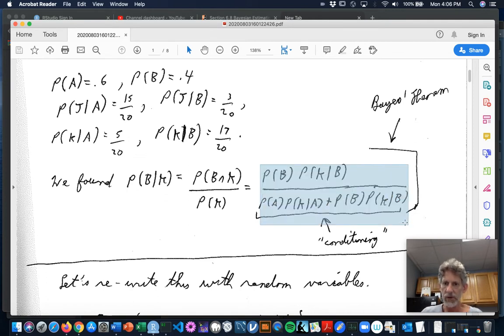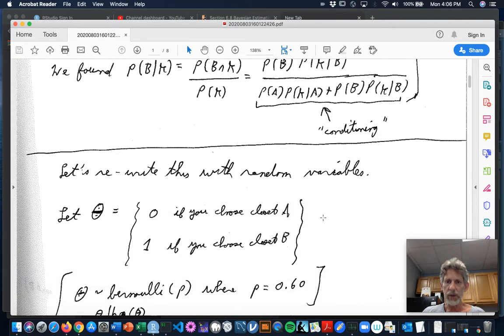And the result is called Bayes' theorem. And it turned out there was a somewhat elevated probability, much more than 40%, that your pants came from your roommate's closet.